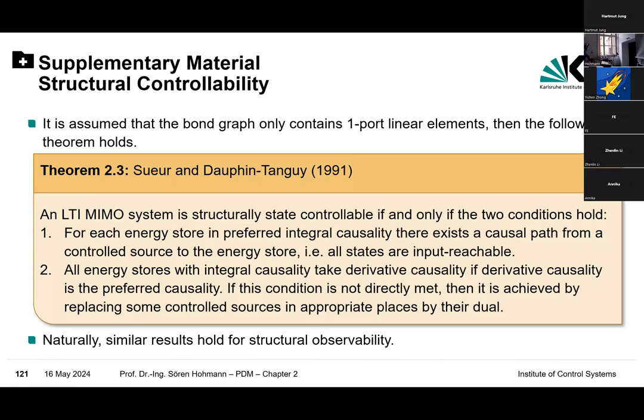And this is important for understanding of systems, of system design, if you have this in mind. What do I mean with supplementary material? Nothing for the exam. So important perhaps for the preparation. I will not ask something in that regard, but it might be interesting for later use.